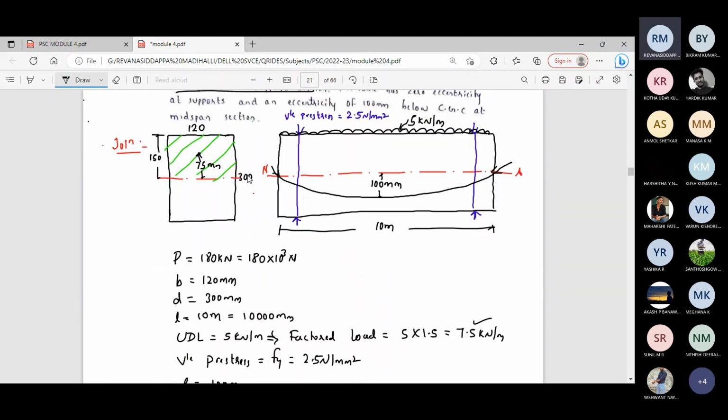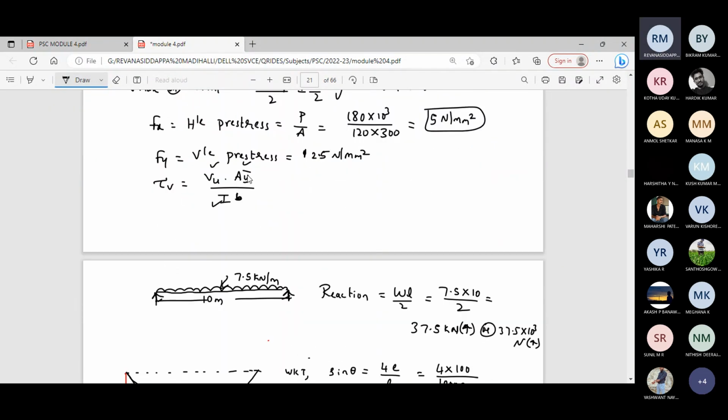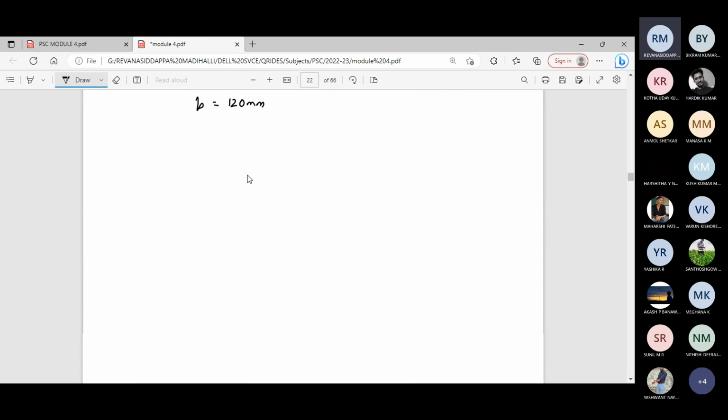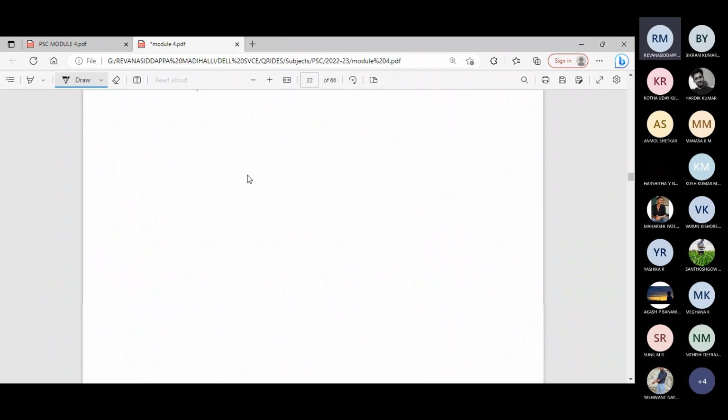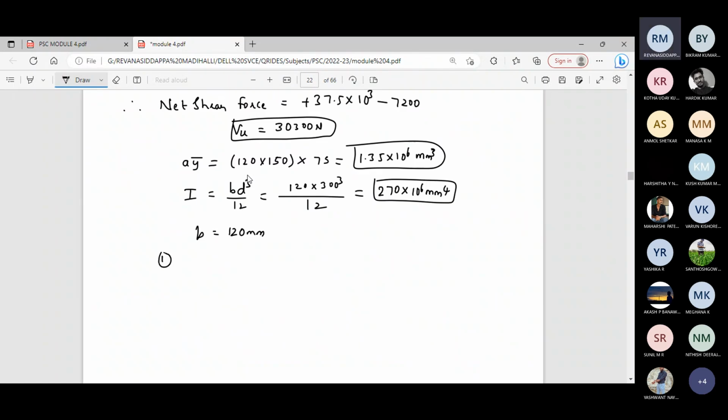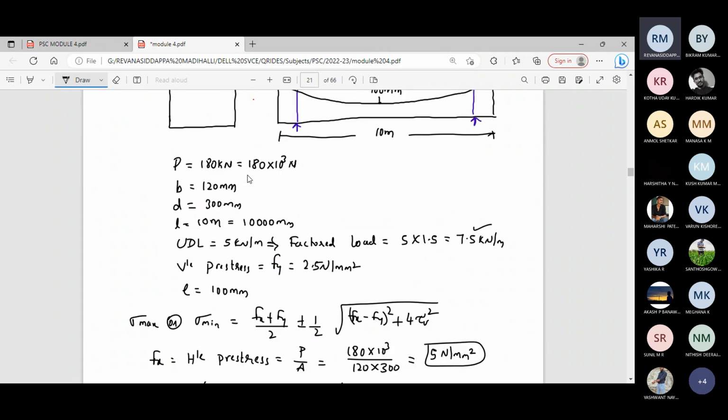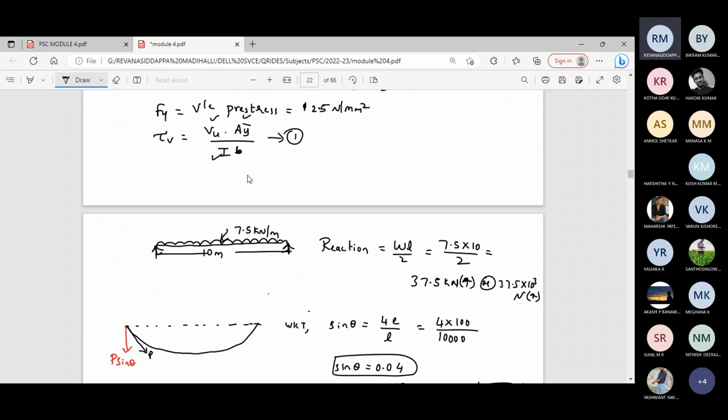Now we got all the parameters required to find the shear stress. You can substitute all the values; call this equation number 1. Therefore, equation 1 becomes tau V is equal to VU into AY bar divided by IB.